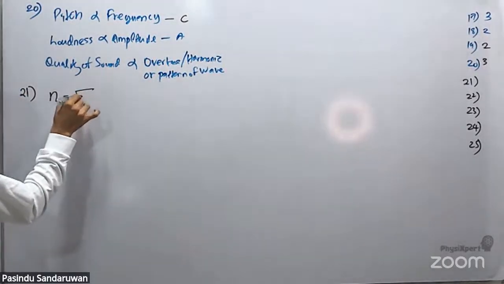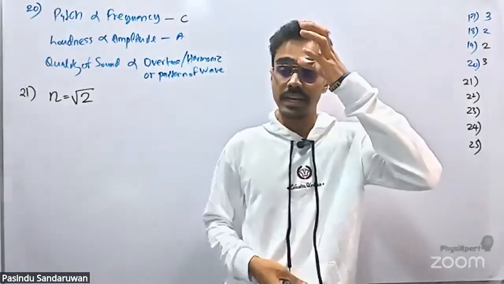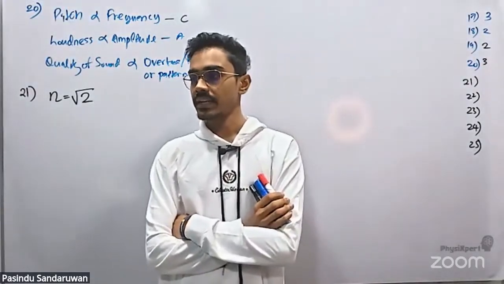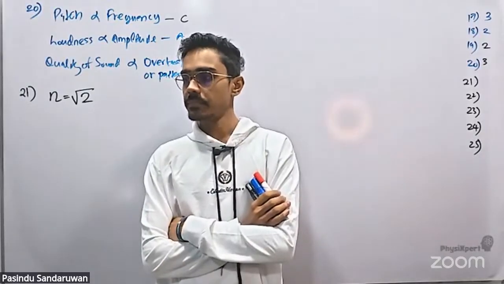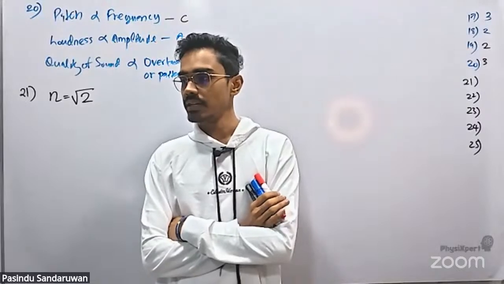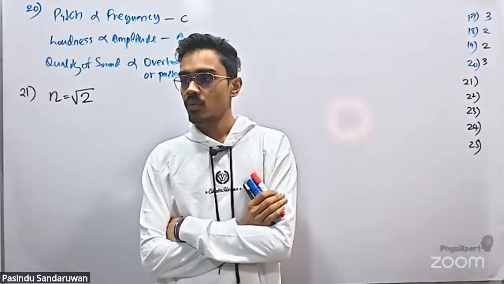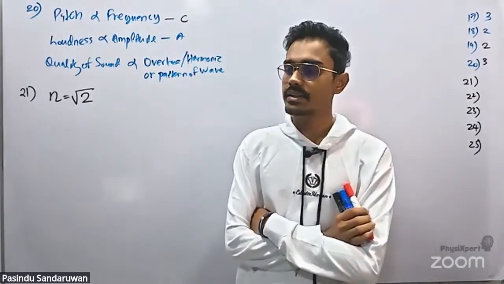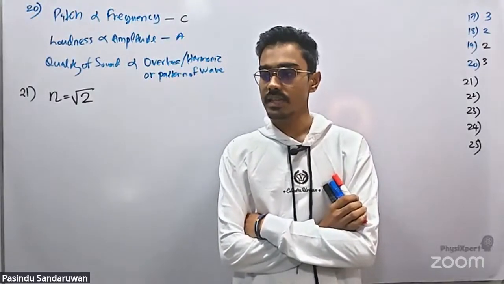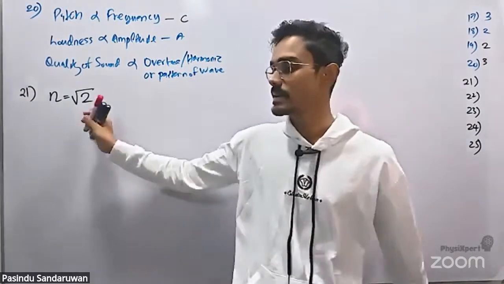So repeating again, it should be corrected as: a prism with refracting angle 30 and made of material of refractive index root 2 is silvered on one refracting surface. What is the incident angle of a light ray that falls on the other surface and travels back along the same path after refraction? Okay, so please make the correction.